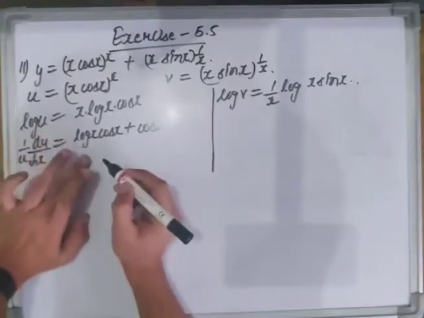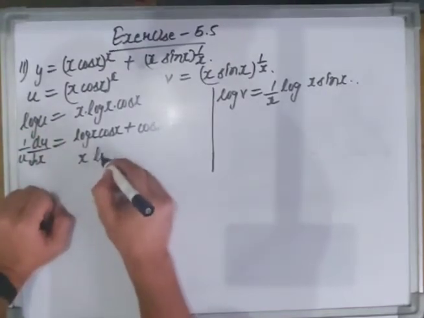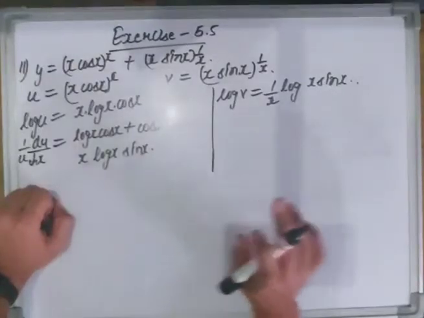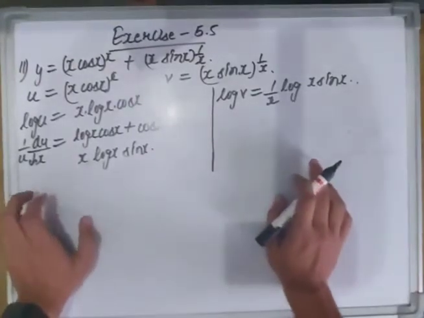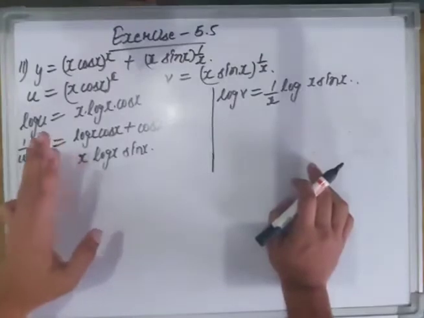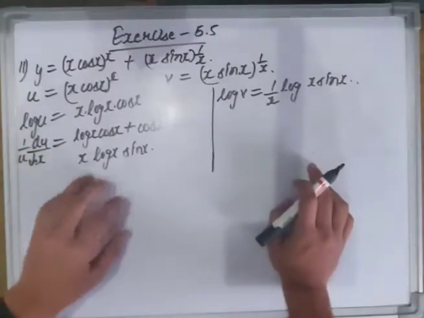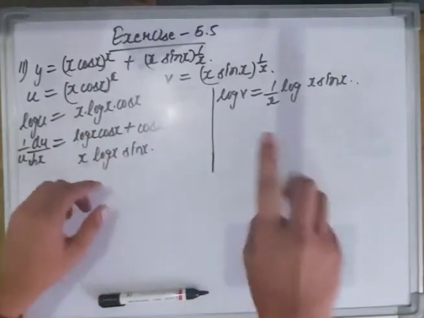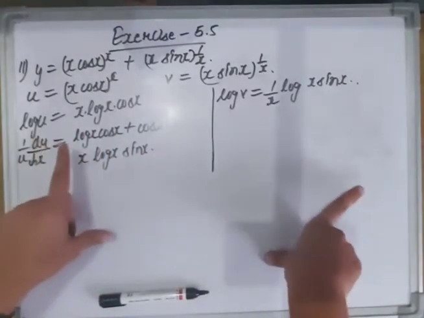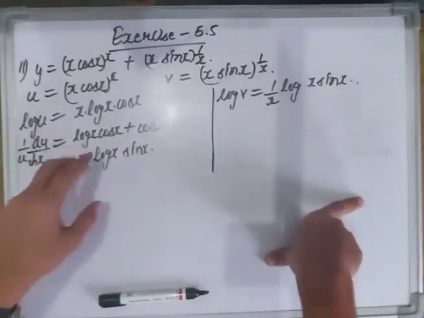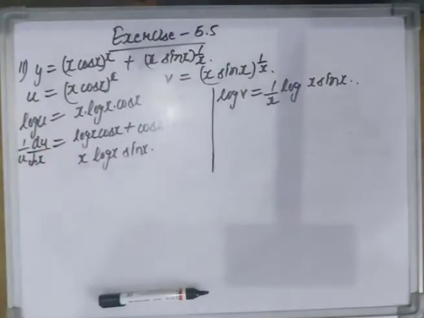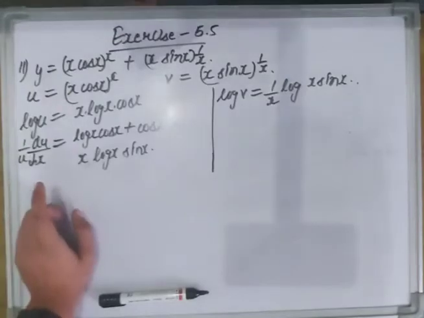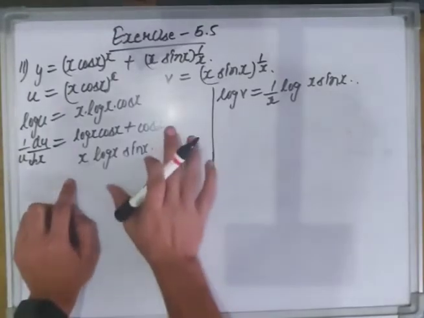I'll prefer to write x log x sin x. Students, you need not to remember this three. If there are three functions, how will you apply the product rule? The simple funda is that take these functions one by one and apply it according to the product rule which you are applying in the two functions.